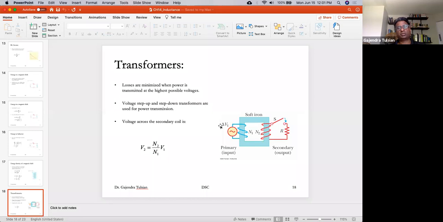To transmit the power from Hoover Dam to your home, you have to transmit at high voltages, and you use step-up transformers near Hoover Dam, and near your house you use step-down transformers. So voltage step-up and step-down transformers are used for power transmission.